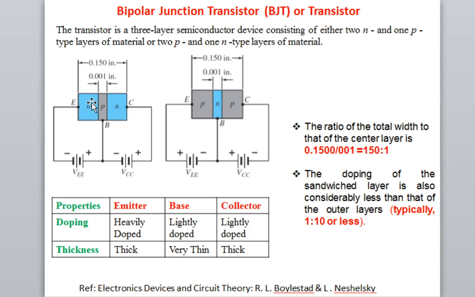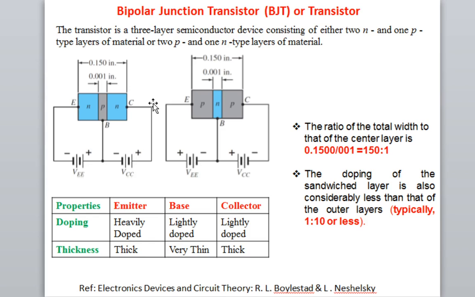Why will an emitter never be a collector, a collector never an emitter, and a base never a collector? Because there are a few properties of emitter, base and collector, and based on these properties, the emitter will always be an emitter and the collector will always be a collector. That is why one can say this transistor is not a symmetric device.